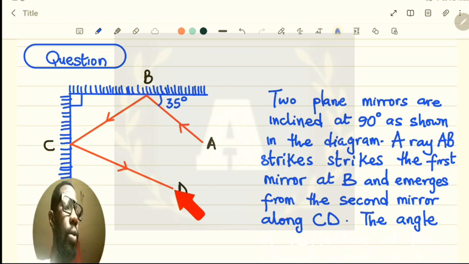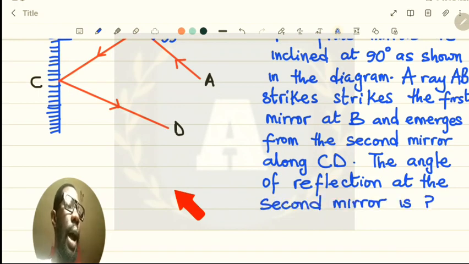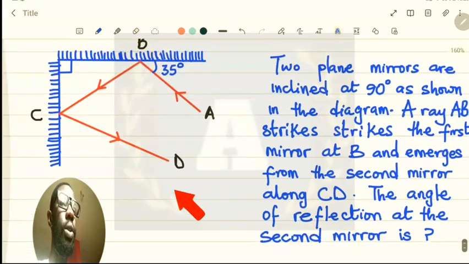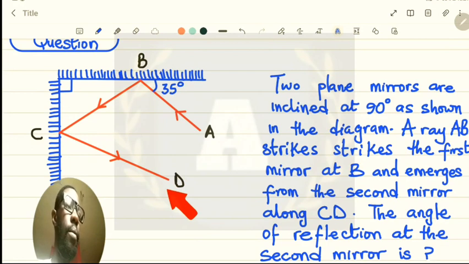Now the angle of reflection at the second mirror is what?